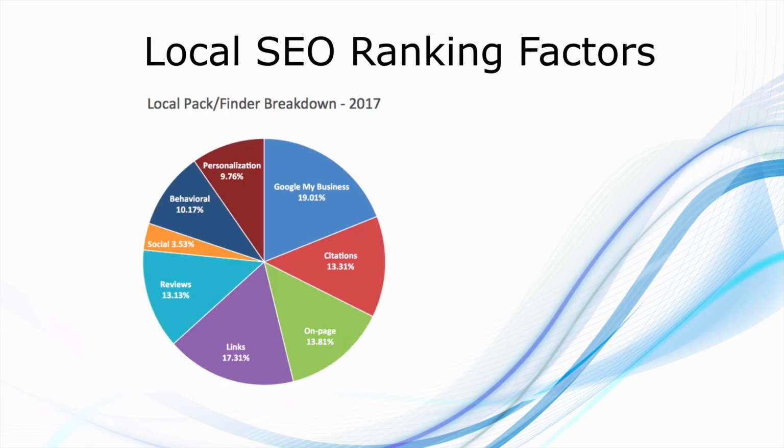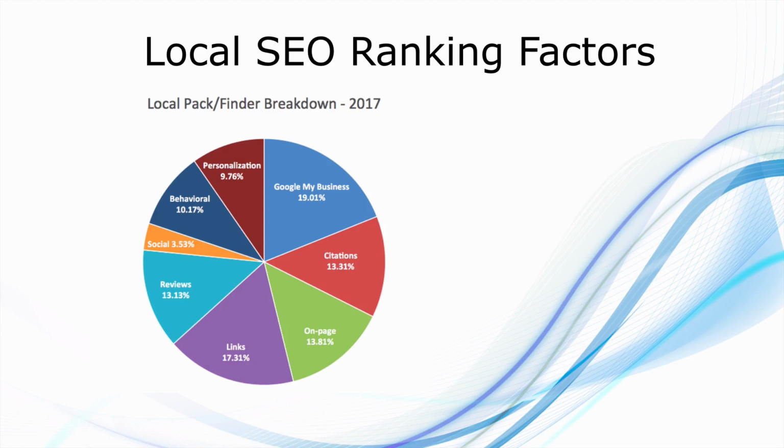So before we proceed further and dig deep into all the things that you need to be doing in order to optimize your website for local SEO, let's figure out what the factors are that impact your rankings in the 3-pack map listings.